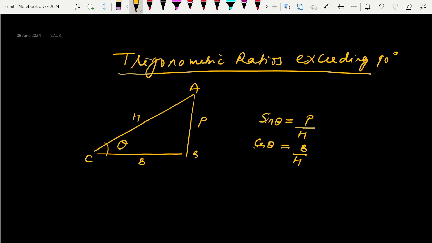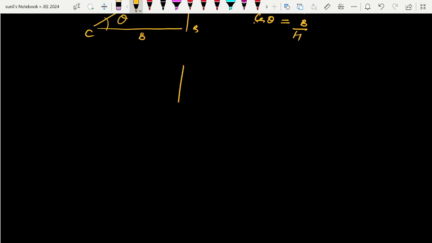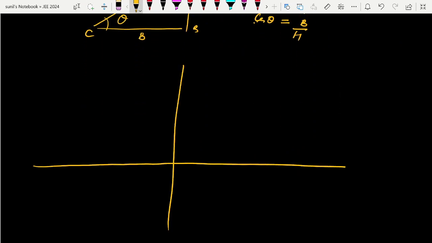Now for this, consider the coordinate system. Suppose this is your coordinate plane, this is O origin, and this is y-axis and x-axis. Now for the same, suppose my initial ray is OA.